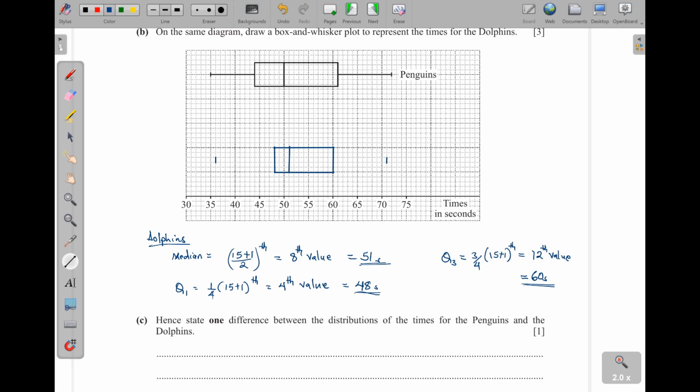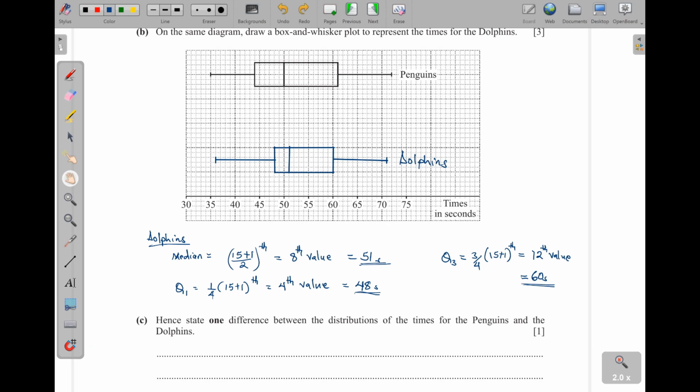Actually, for this one, for the highest and the lowest, you always balance them, just like this one was put. You don't put here, it has to be balanced, because this one has to be in the middle. This line here has to be in the middle of the box that you're drawing here. Okay, now I'm going to connect this to that and this to that. So that will be the box and whisker plot for the dolphins. You also write it there, because this one was labeled penguins. Why don't you label yours? So we have something like that.